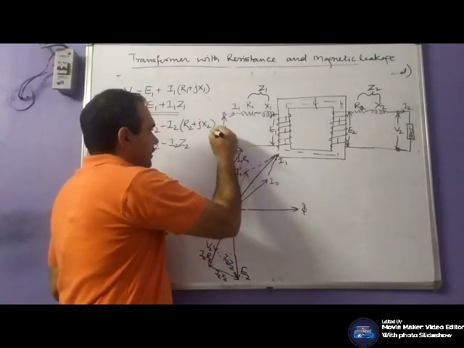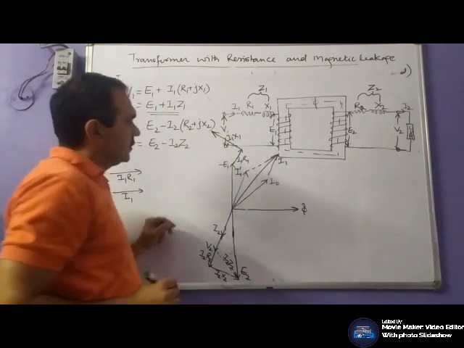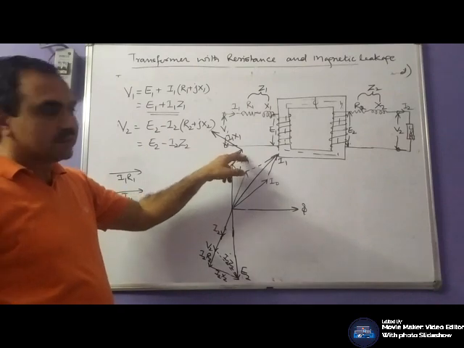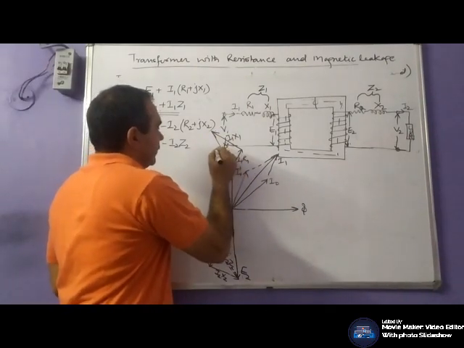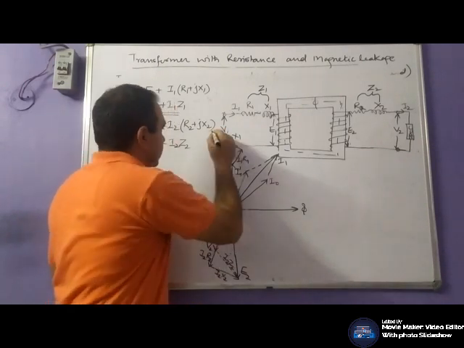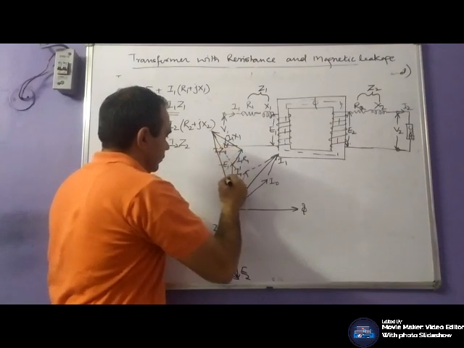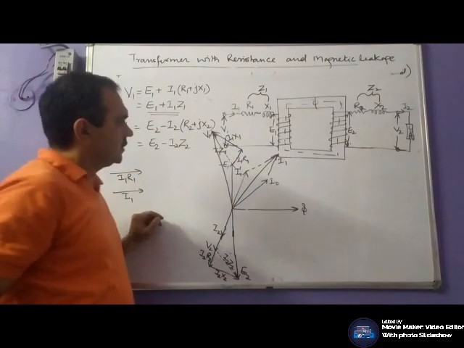I1 X1 is perpendicular to this, and this will be I1 Z1, and this will be your voltage V1.